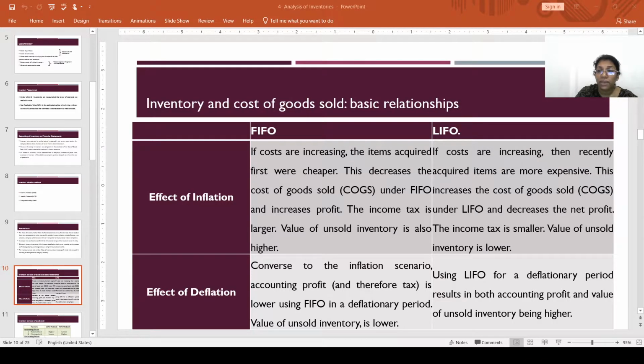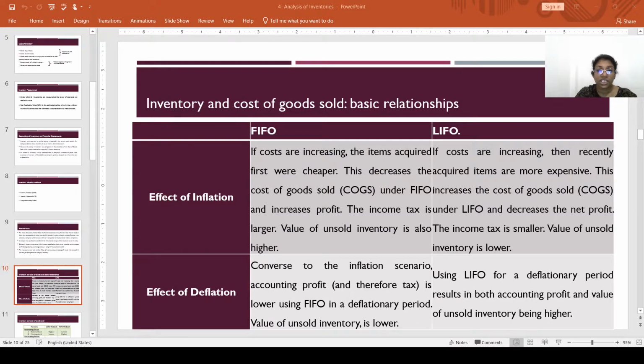So what will be the impact on the LIFO basis? In the LIFO basis, the last come is going first and the remaining balance will show the earliest price, which is cheaper. If the costs are increasing, the recently acquired items are more expensive.